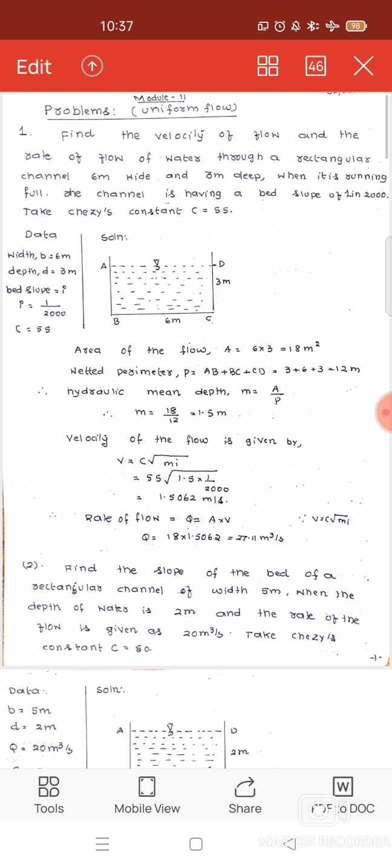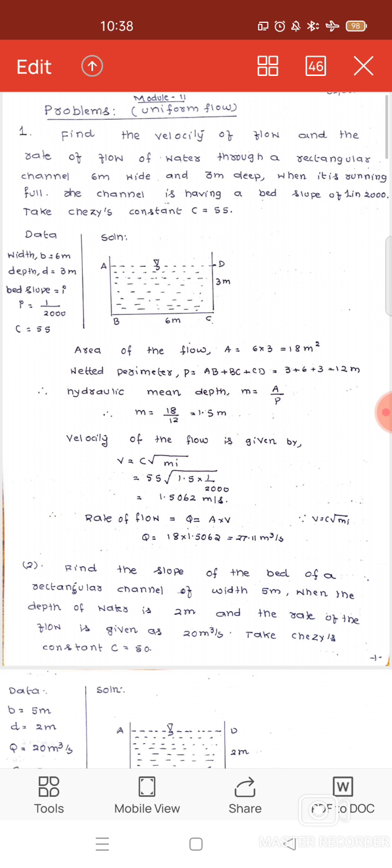So 3 plus 6 plus 3, that is 12 meter. Then the hydraulic mean depth is calculated by area by perimeter, that is M is equal to A by P, and the area is 18 meter square and the perimeter is 12 meter. Then hydraulic mean depth M is equal to 1.5 meters.